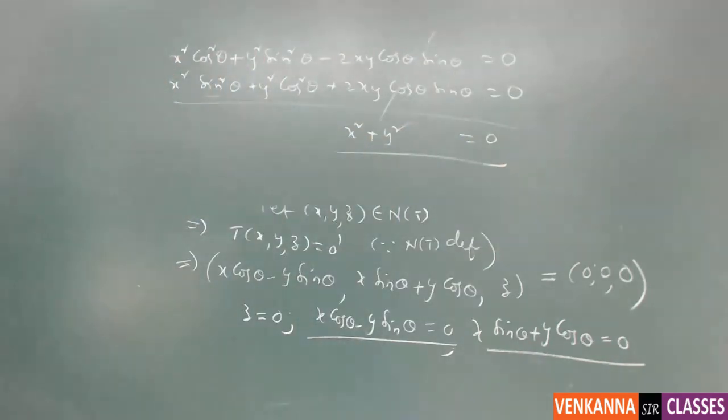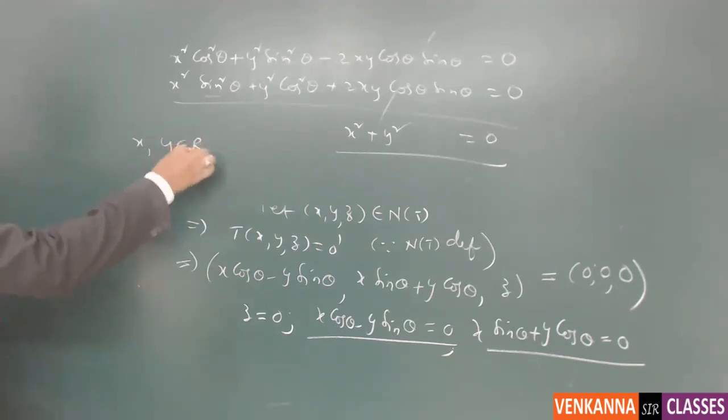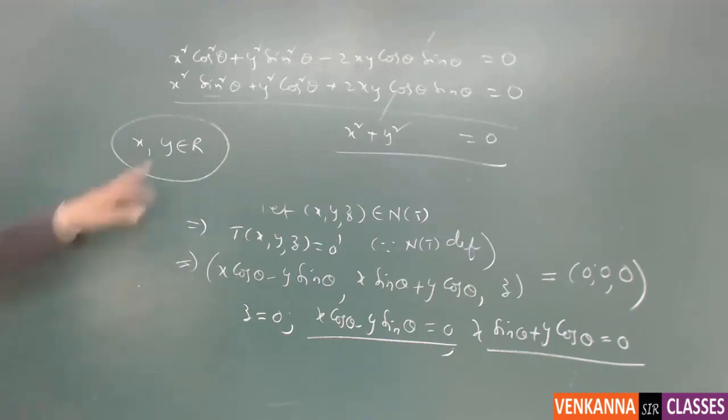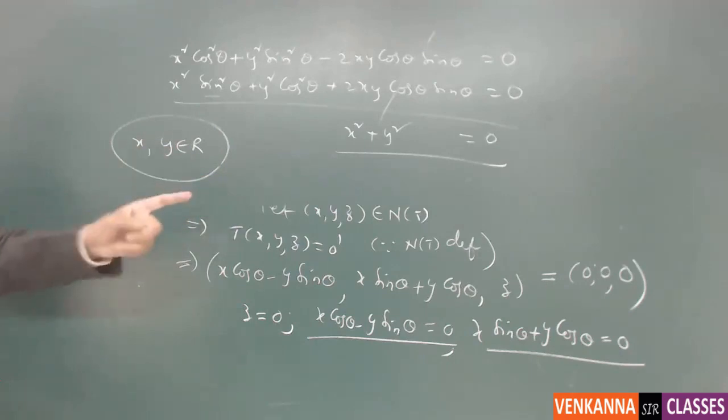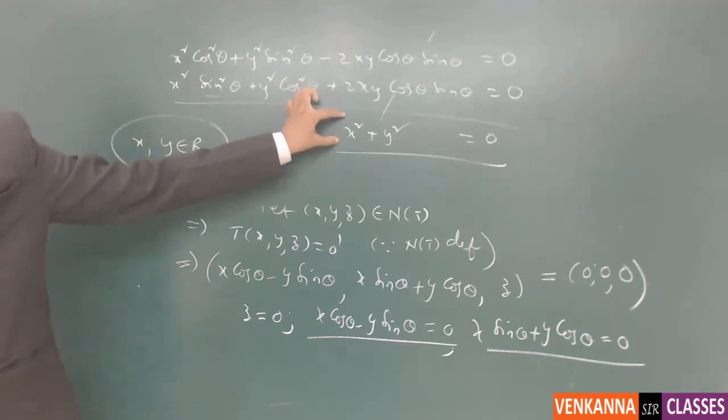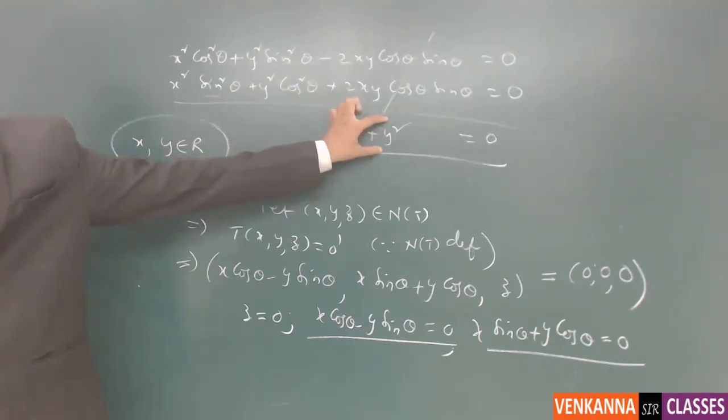Accept all. Now please understand that x and y are real numbers. Whatever real number you consider, if you square it, is it non-negative or not? So x squared is a non-negative value, y squared is a non-negative value.